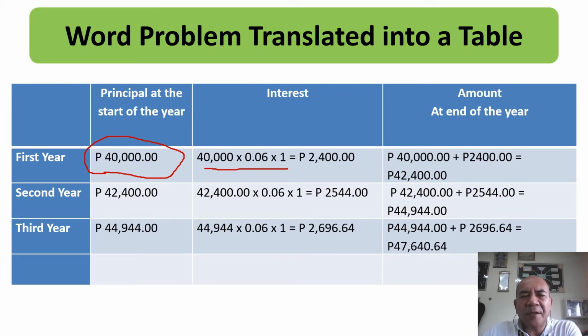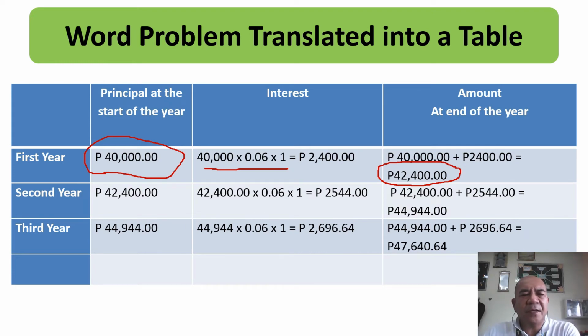So 40,000 times 0.06 times 1 equals 2,400 pesos. That's the interest. And the amount at the end of the year, you simply add the interest to the principal, which is 40,000 pesos plus 2,400 is equal to 42,400. So this is the future value of the money invested or deposited.